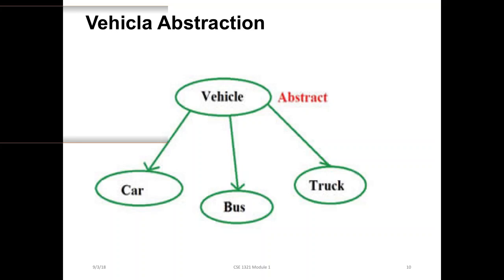When we say vehicle, what do we mean? Either a car or a bus or a truck, or any kind of transportation. Actually, we cannot see the word vehicle anywhere. That's why this is abstract. Abstract is a concept or idea you cannot see.